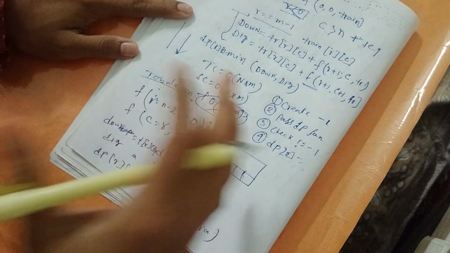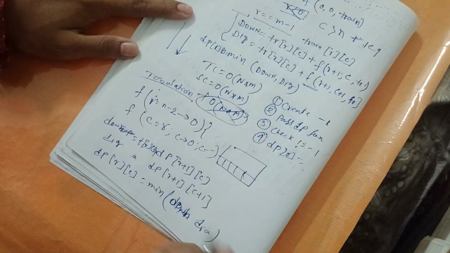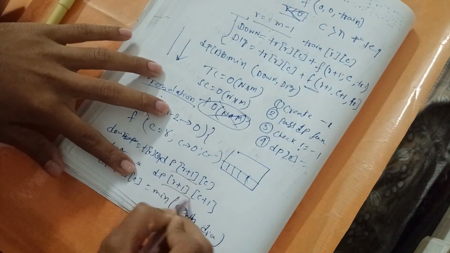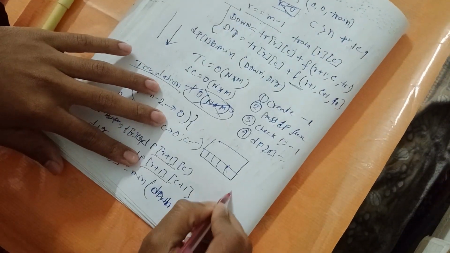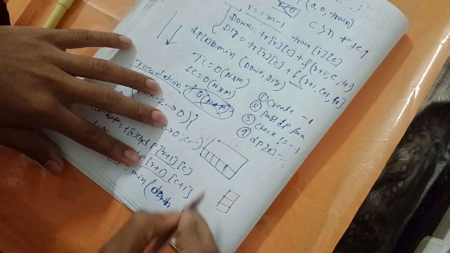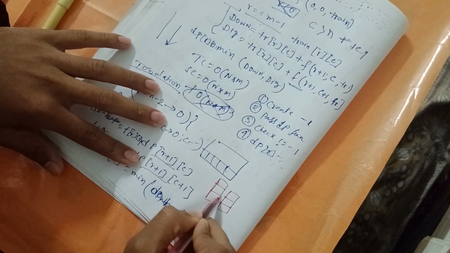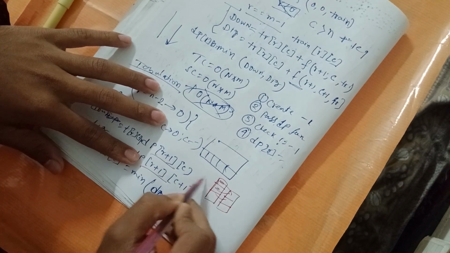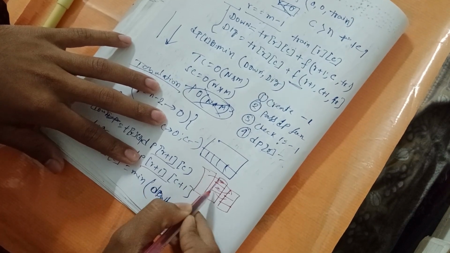If you do space optimization, you will see that we only use r plus 1. So I see one thing: if you cover this value, you also need to cover the next, from this value to this value.